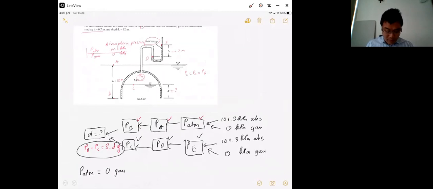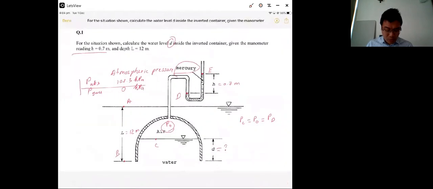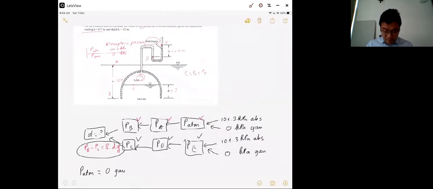To find PB, you have to know PA, because the distance between B and A is L, 12 meters. PA equals atmospheric pressure, 101.3 kPa absolute or 0 gauge. Between C and D we have air, and the pressure change in air is very small, so you can estimate PC equal to PD.